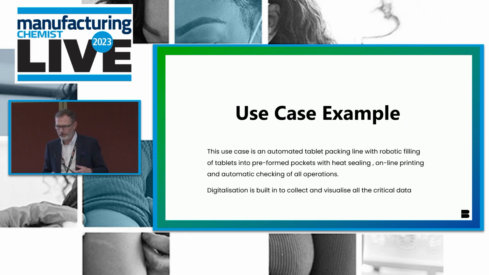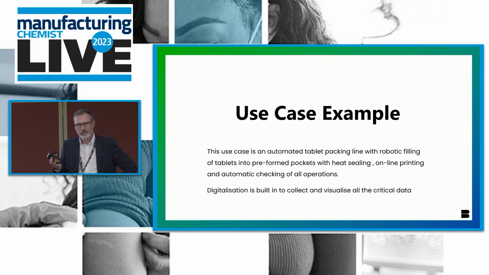I'll show you a little bit more about the location of it, which will make that make more sense in a minute. You're using a robot system to place the tablets into the blister pockets on the line, and then we're heat sealing and printing online, with vision systems all the way along doing the checking and verification of the quality of the product during manufacture.